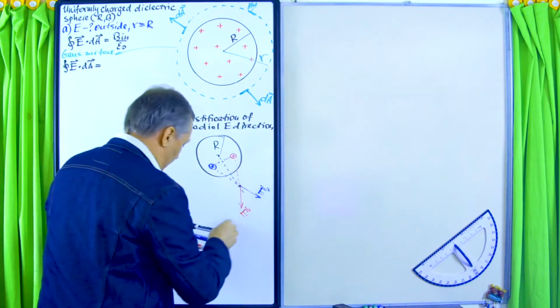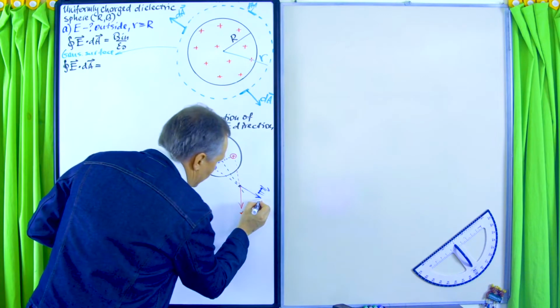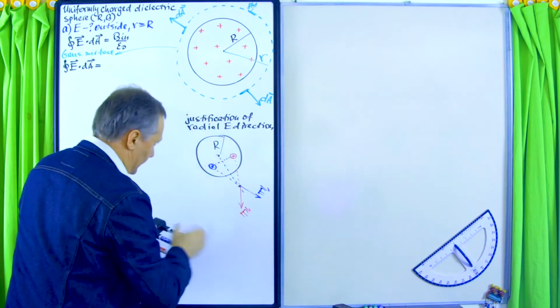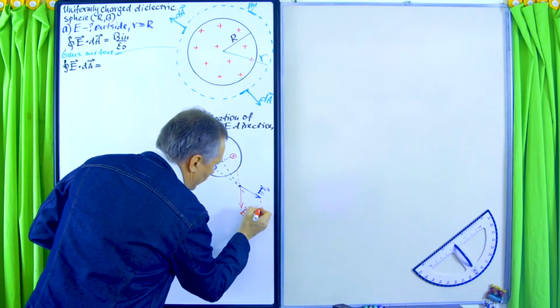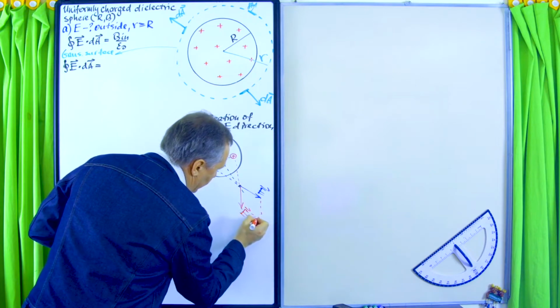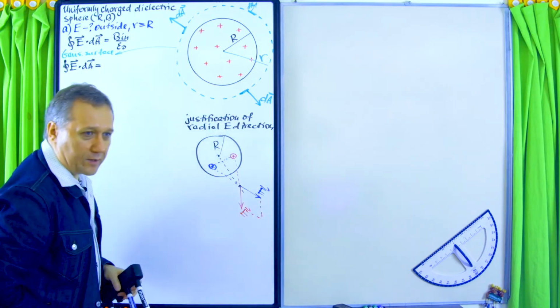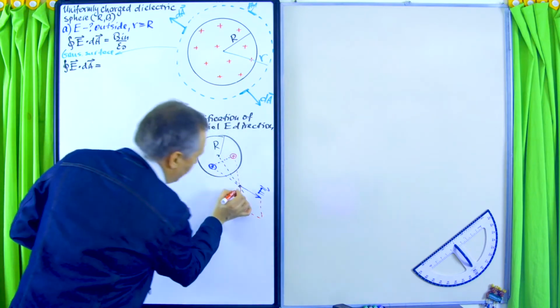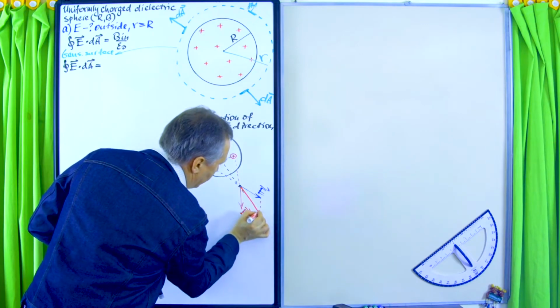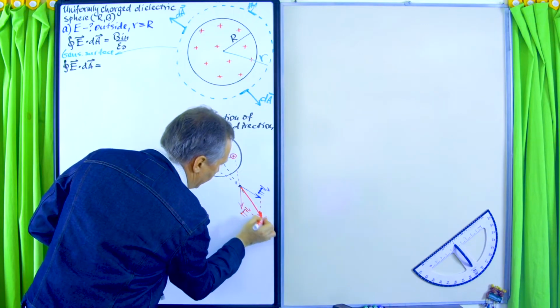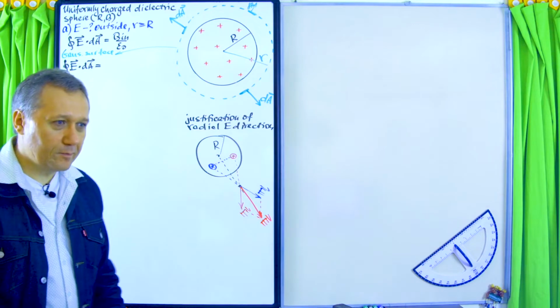And if you add the radial components, of course, they will give us this net electric field, pure radial.